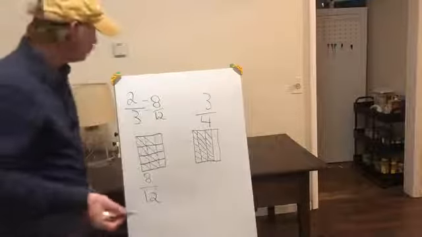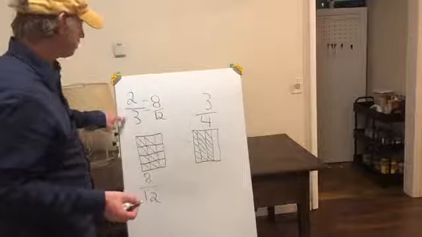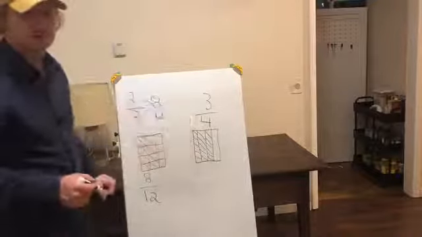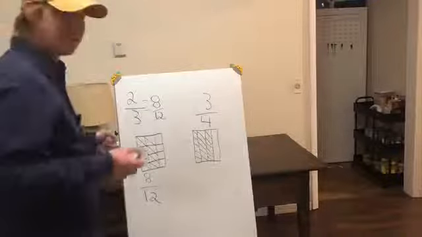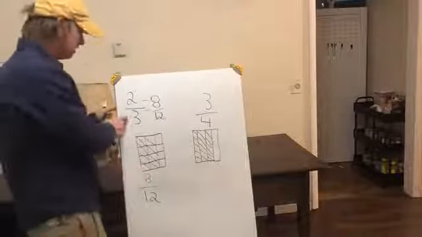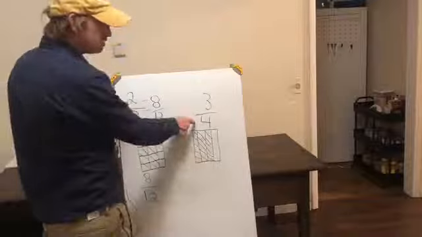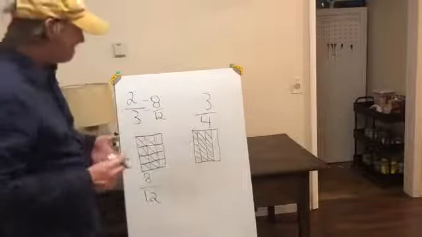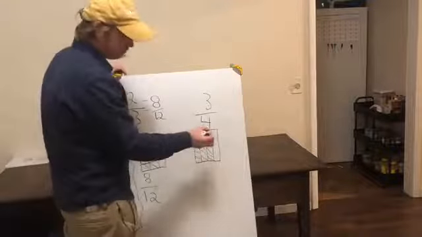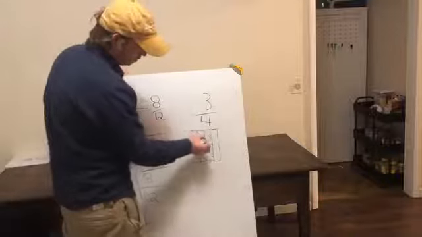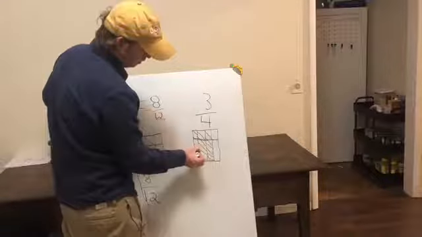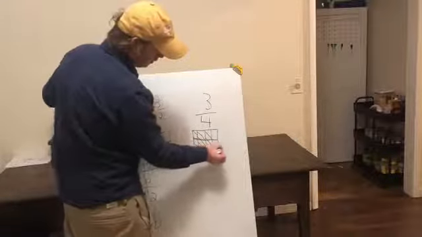But how am I going to use that to compare 2/3 to 3/4? Well, as I said, we know that 3 is a factor of 12, and so is 4. So this time, I'm going to break it up or multiply it by 3. So there you go, and there you go.